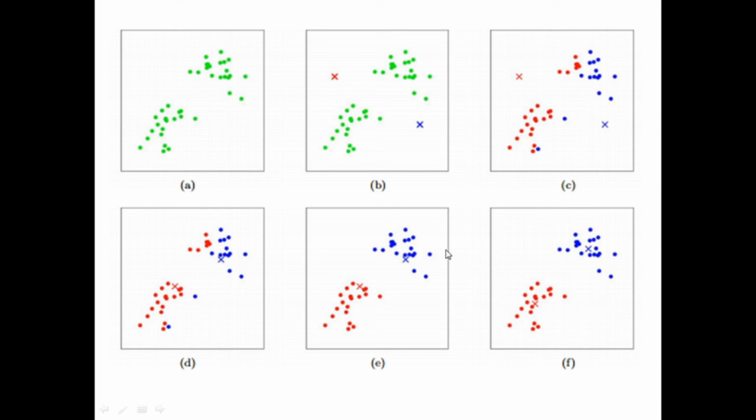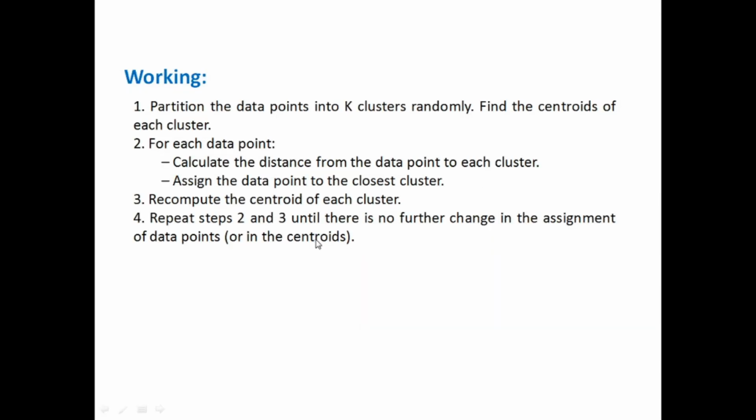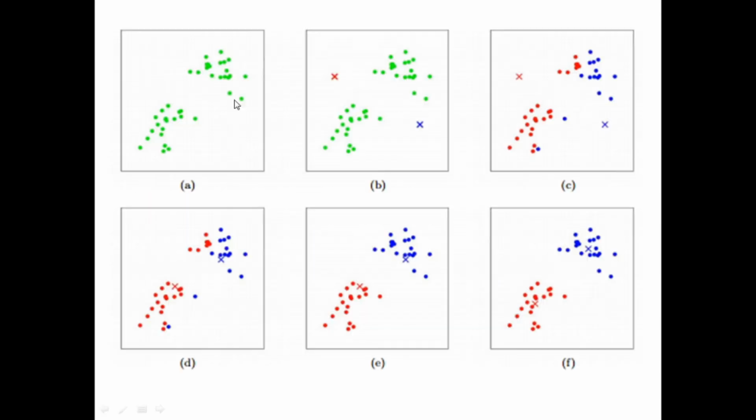In simple terms, I may have k clusters, and for k clusters I have to pick k centroids randomly. Here there are 2 clusters, so 2 centroids, which are treated as the initial centroids of the 2 clusters in this feature space.